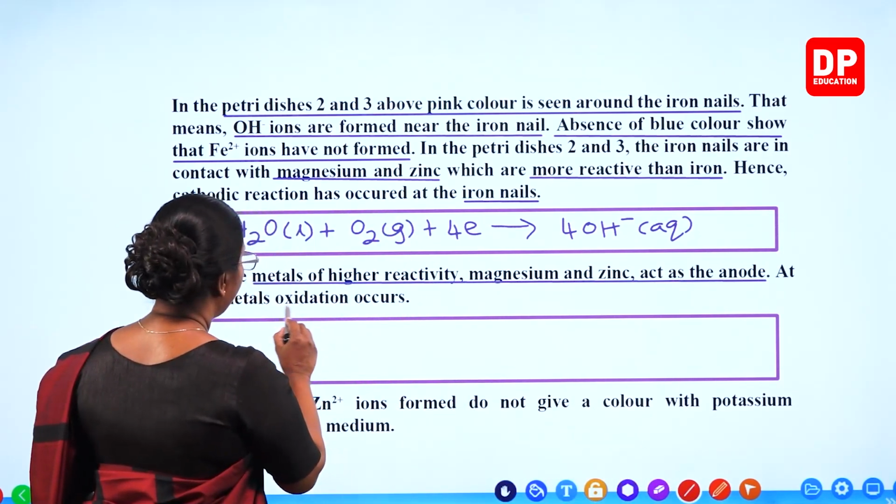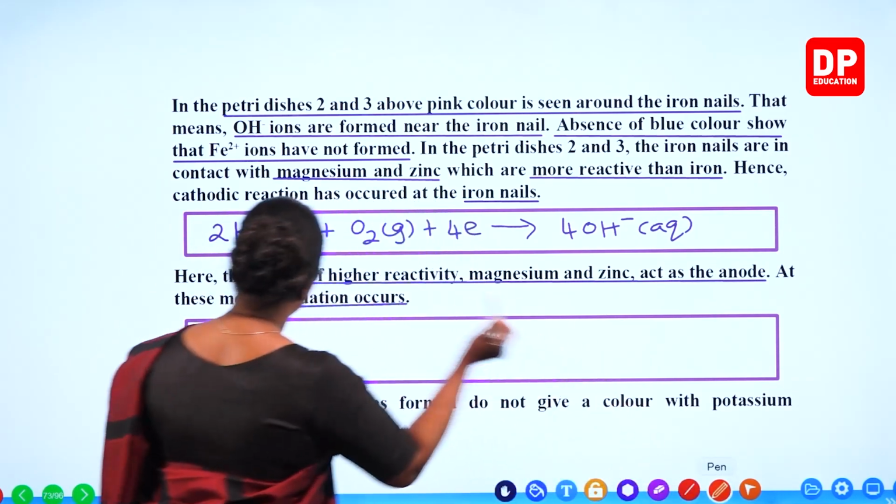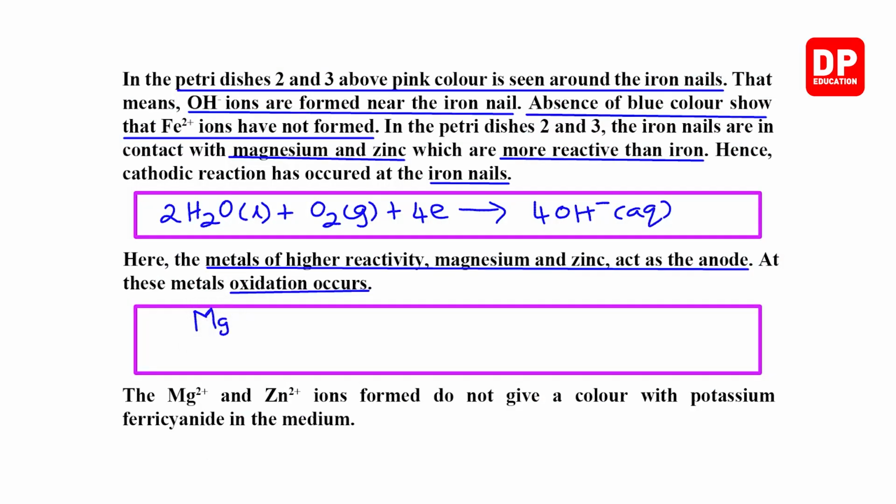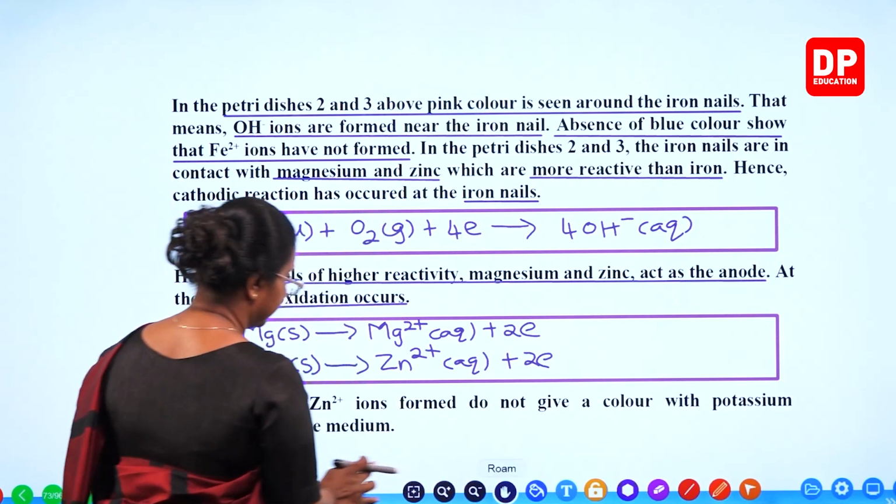So what is the oxidation process? One is magnesium solid becoming Mg2+, losing 2 electrons. At the same time, we have zinc solid becoming Zn2+(aq) by losing 2 electrons.